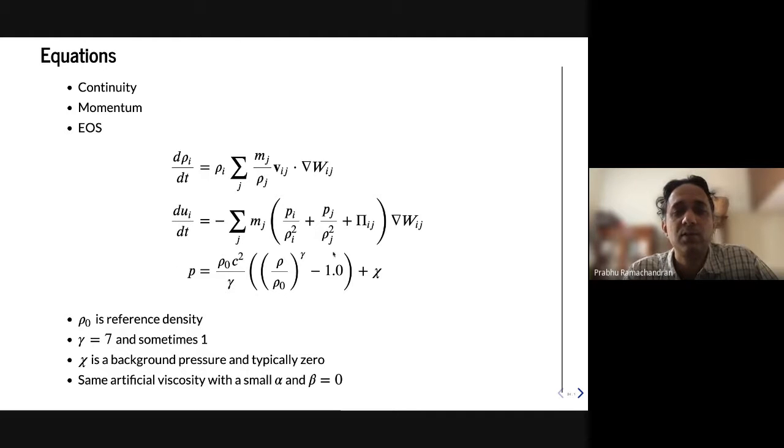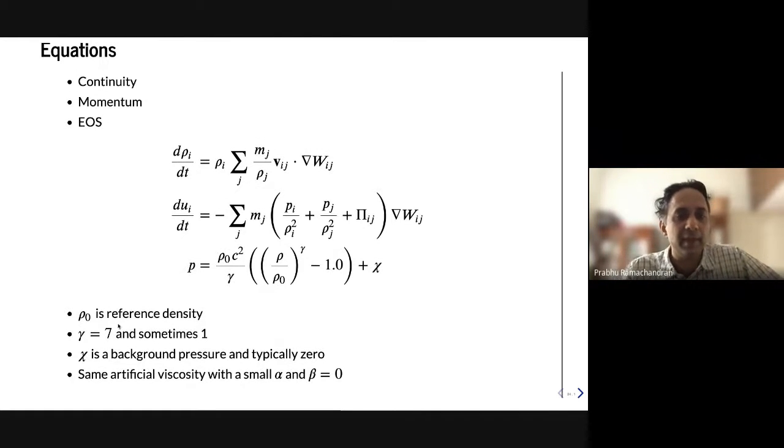And then you have this equation of state, which is often called the Tate equation of state. If you look at any standard fluid mechanics book, this is a fairly standard equation for, say, water, right? And in this equation, rho naught is a reference density, gamma is typically 7 or 1, and chi is some background pressure, and very often it's set to 0.